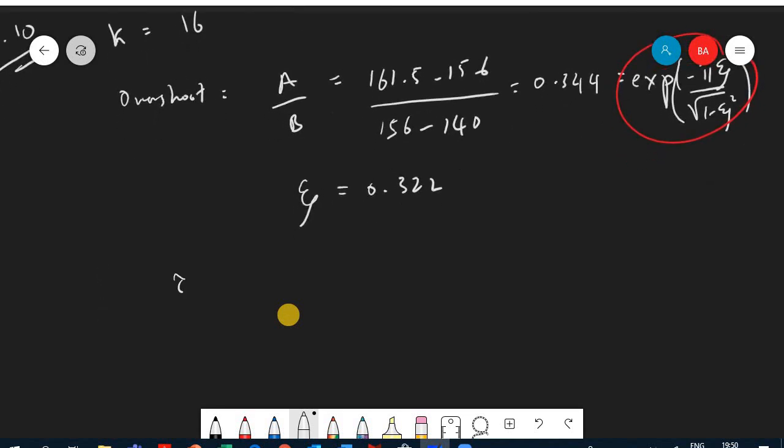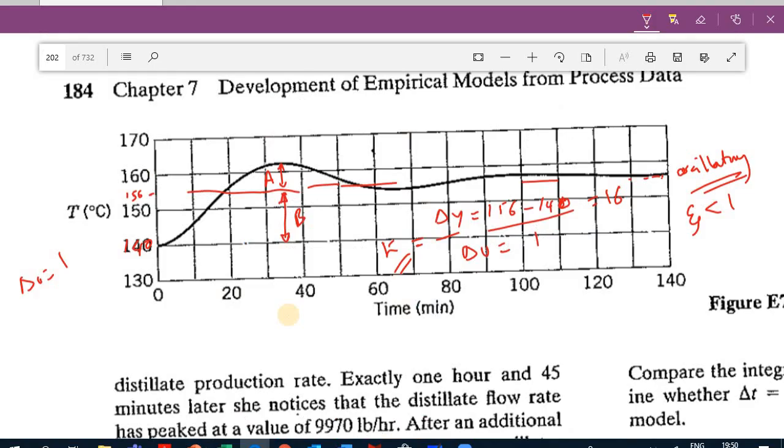Now the question is how to find tau. We need information that has time in it, which means I may need TP, or TR, or settling time, or time period. Let me see what I have. It is very difficult to identify the period here, because the second oscillation is not that clear; it's very flat.